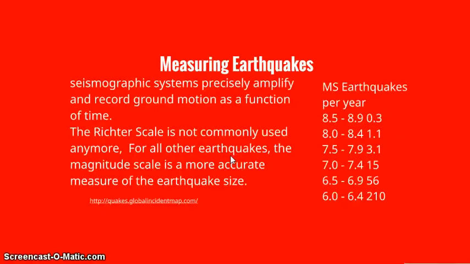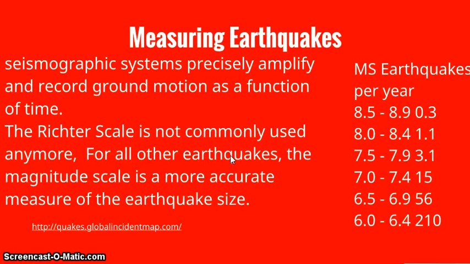Then we started to look briefly at how earthquakes are measured, and we said that seismographs are the tools that are used to measure the earthquakes. And the Richter scale is really not used anymore for measuring earthquakes. What we use now is more of a magnitude scale.